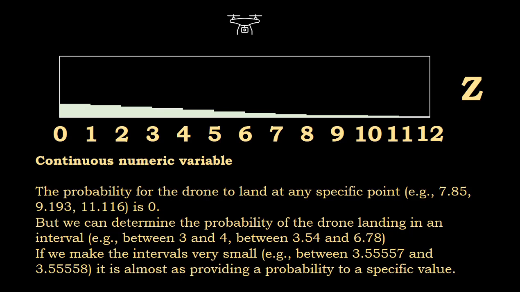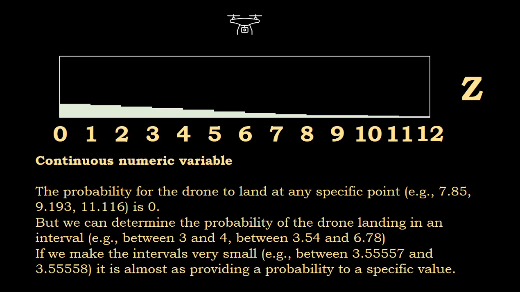So here we have a continuous variable, and in continuous variables, the probability for the drone to land at a specific point, or for a random variable to take a specific value, is actually 0. Why?